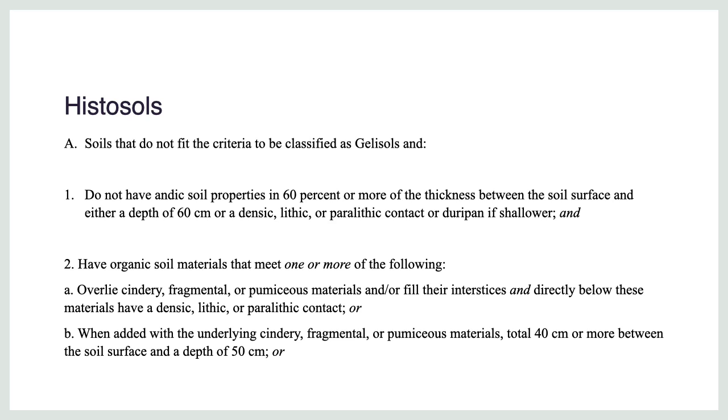They should fit 40 centimeters or more between the soil surface and a depth of 50 centimeters. Okay, so you need to register a high thickness of organic materials, and organic materials could be registered at different stages of weathering, of decomposition.